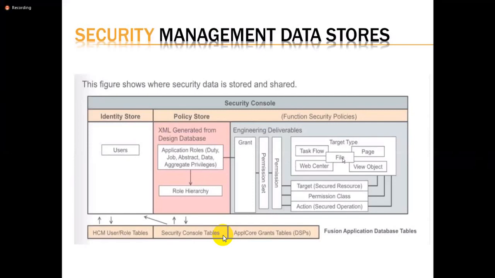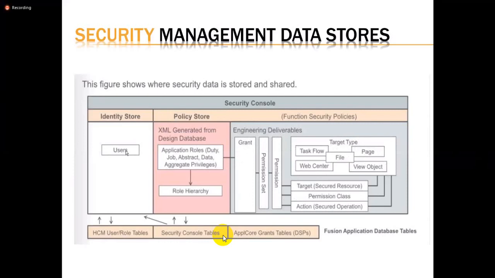And an aggregate privilege is nothing but a functional privilege. That functional privilege data will be stored here, when it's a task flow or a page or a view object, web center, and based on function security policies, how we can access the data, all those things will be stored in this engineering deliverable. Basically, it's nothing but grant tables.